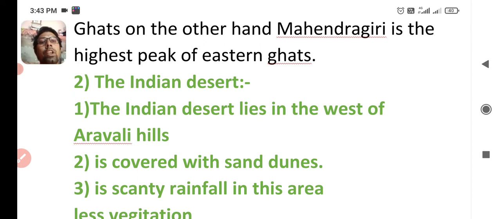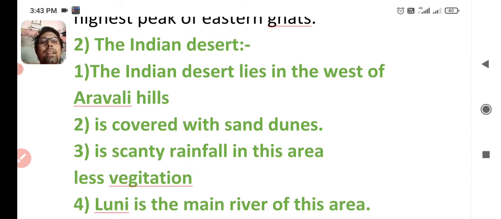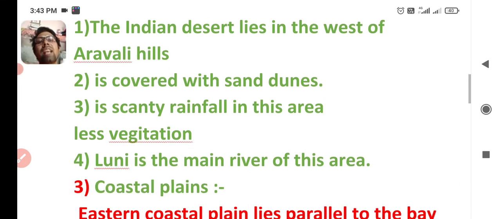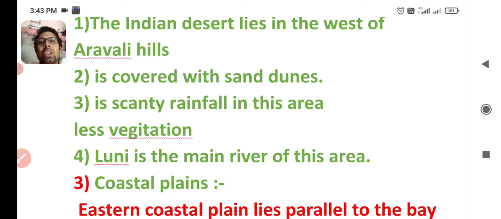And the next, it is covered with sand dunes and there is scanty rainfall in this area, so that's why less vegetation is found in this area. And the fourth major point is Luni is the main river of the Indian desert. I think you have got all the points related to the Indian desert.